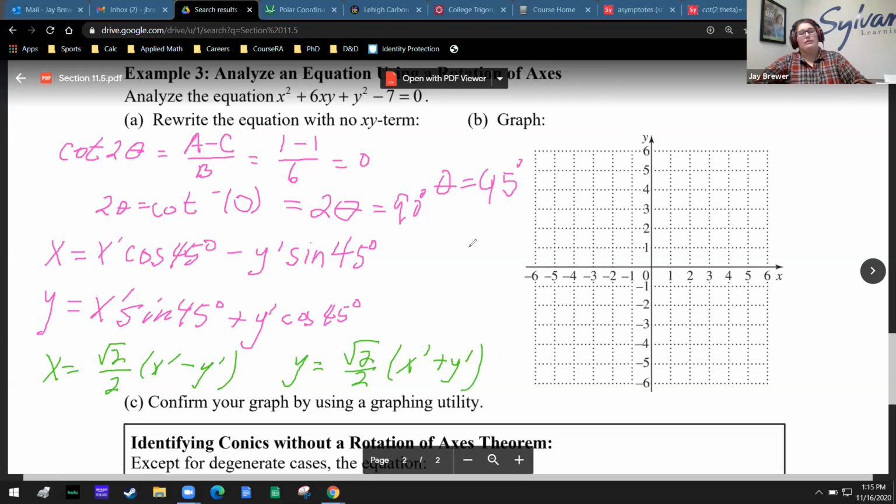Okay? So I will give you guys bonus on your chapter 11 exam if you can email me the completion of this. All right, I want to see a graph. I want to see your final equation, the graph, and you can confirm it using a utility.